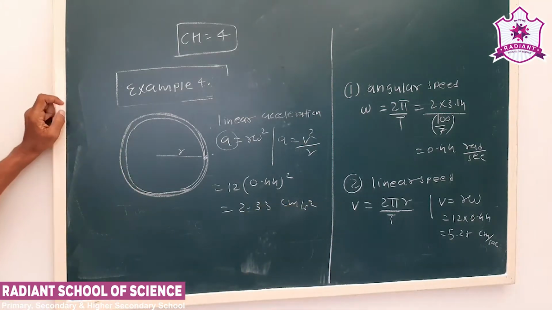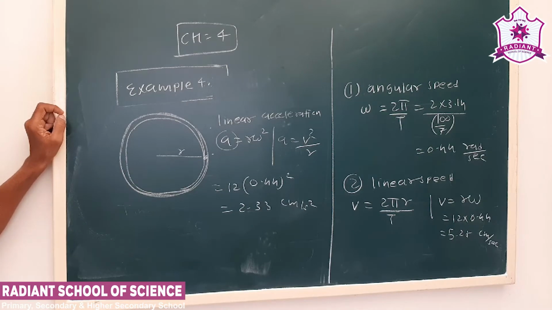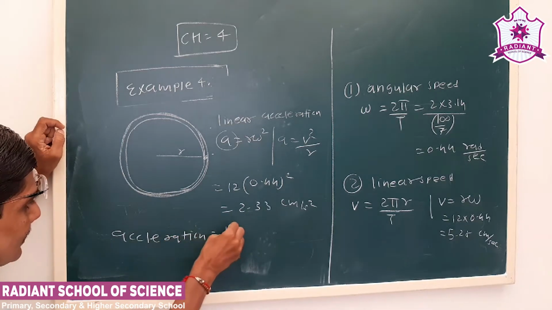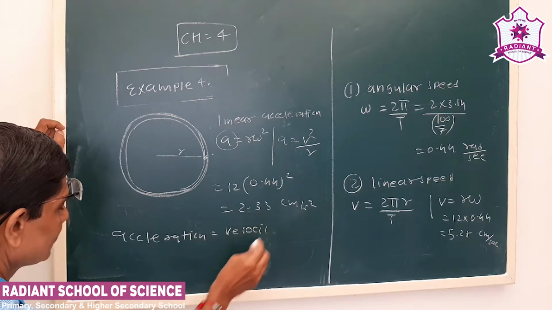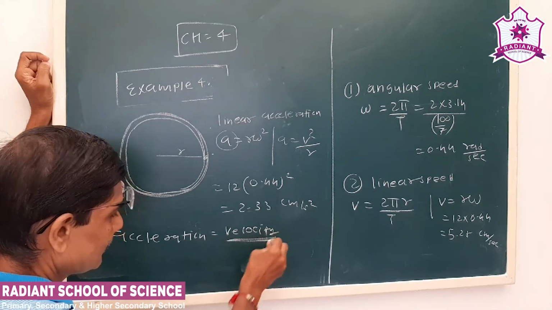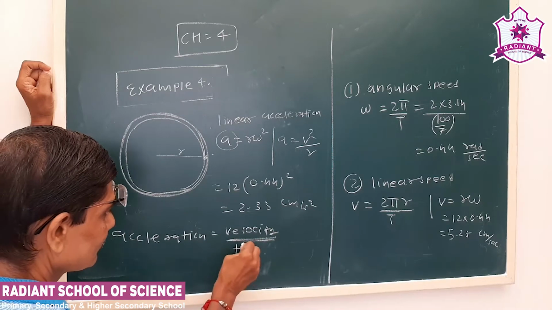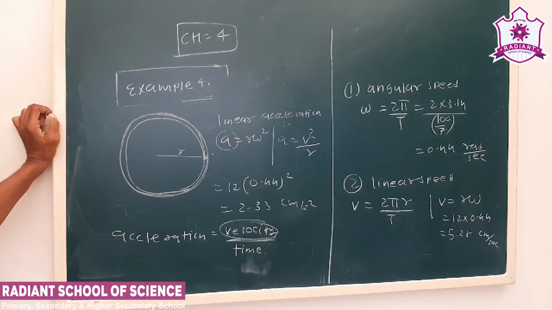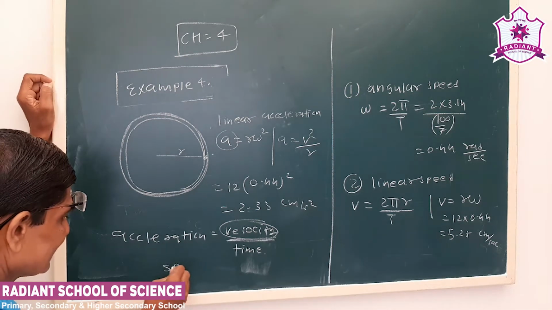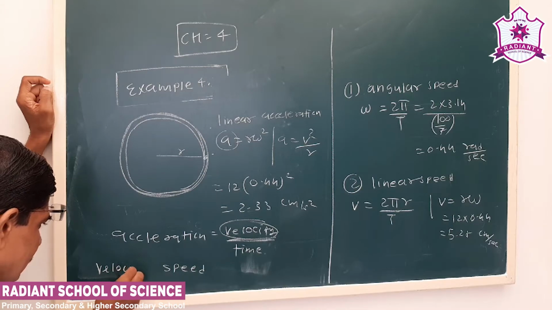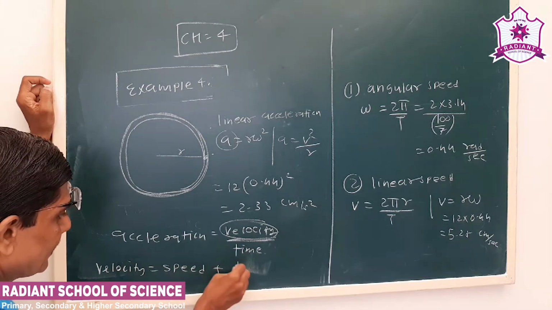Now the question says, is acceleration constant? Now we have to remember that acceleration is change in velocity upon change in time. Now velocity is a vector quantity. Okay, velocity is speed plus direction.